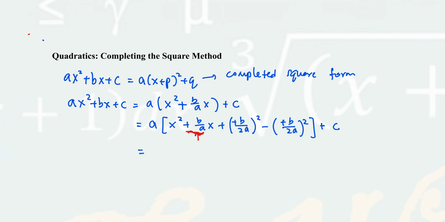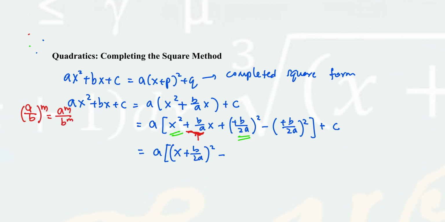Then what to do is just write the first and third term. So that is a bracket x plus b over 2a to the power of 2 outside the bracket. And then for the next term, just do expansion. So this is going to be minus, bring in the square. The formula: a over b to the power of m is a to the power of m over b to the power of m.